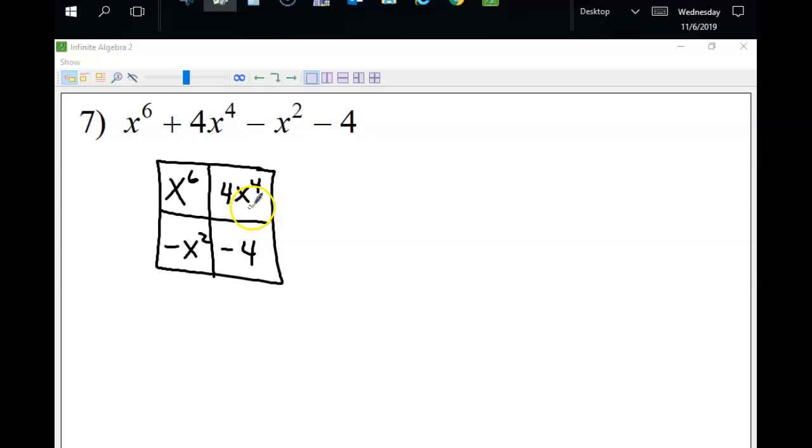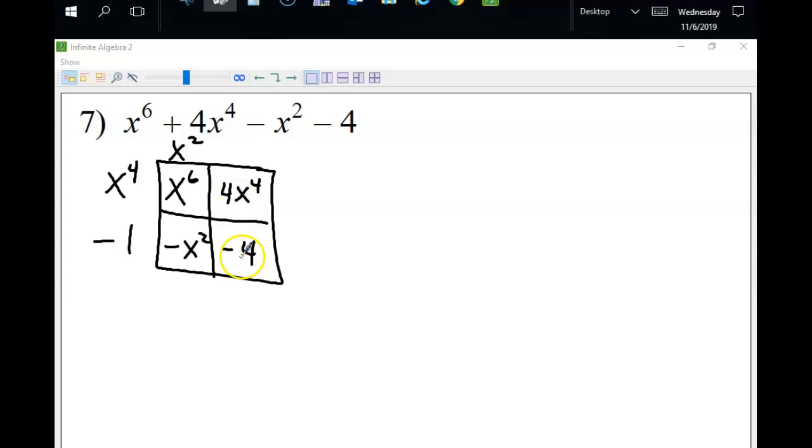So here, these two, those 2 terms in that row have an x to the 4th in common. In this row, first of all, they're both negative. Other than that, they really don't have anything in common, so we put a 1 there, because at least they can both be divided by 1. In this particular column here, they both have 2 x's in common.